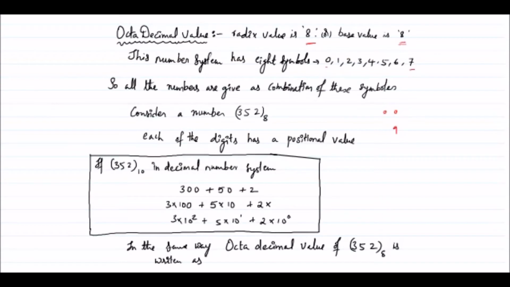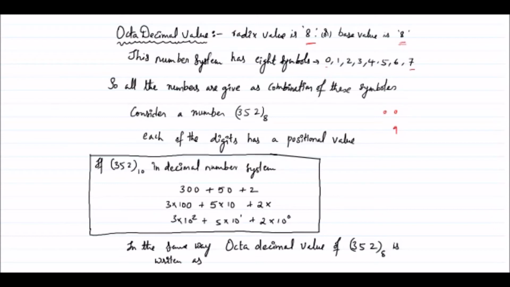As in the previous video we discussed how we can convert a decimal number into a binary number and a binary number to a decimal number, in this video we are discussing the octal value. For the octal value, the radix value is 8, or we can say the base value is 8.